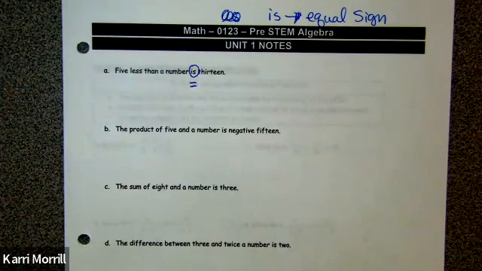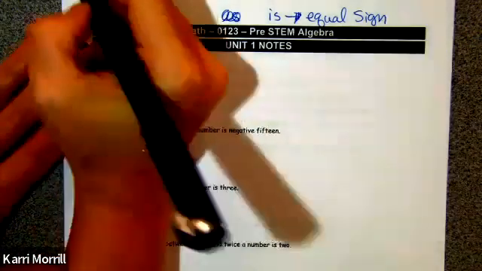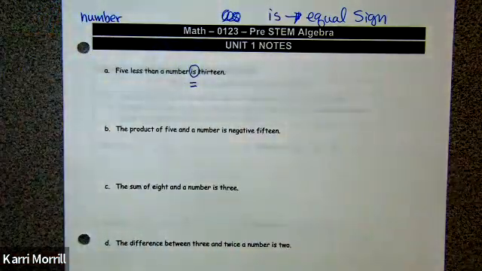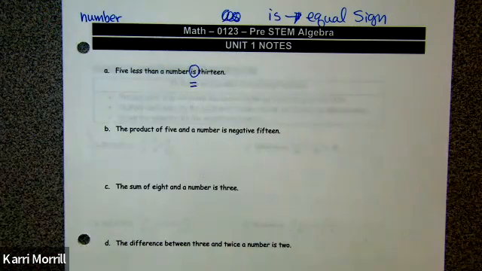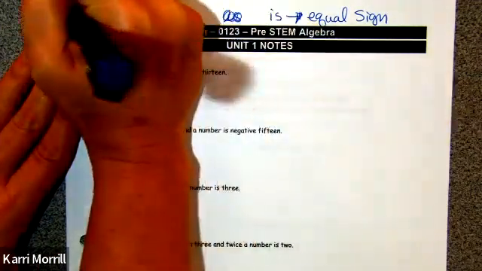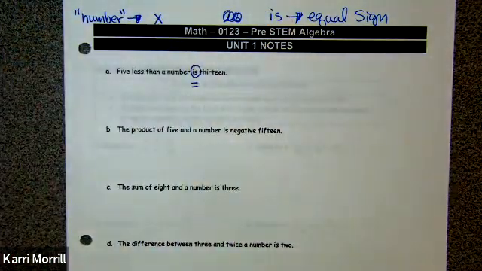Anytime they say number in WebAssign, the terminology is, it'll say the number X. So it's telling you, you have to use X, because X is what we don't know. It'll say less than a number X, so X is your variable.